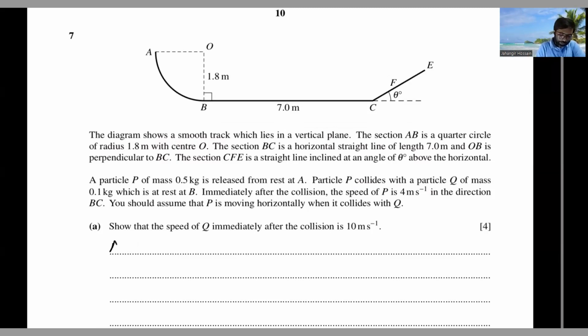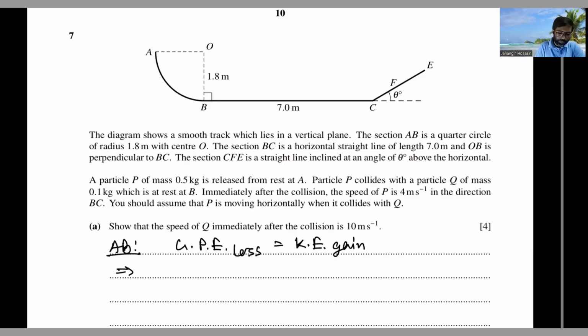This segment is smooth, so we can consider the change in energy. If you consider the work energy principle, we have GPE loss equal to KE gain, and since it is smooth, there is no friction.